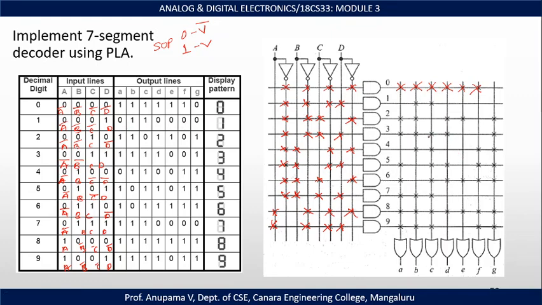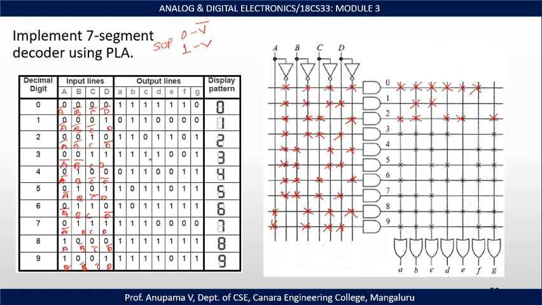Hence wherever 1 is present, at B and C, for the B and C lines I draw X mark. Next entry is A, B, D, E and G are set to 1. Hence A, B, D, E and G are having X mark.